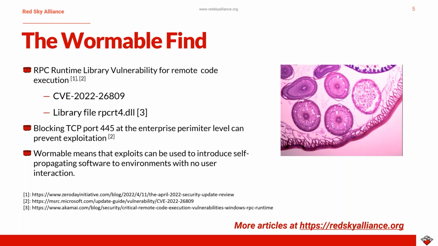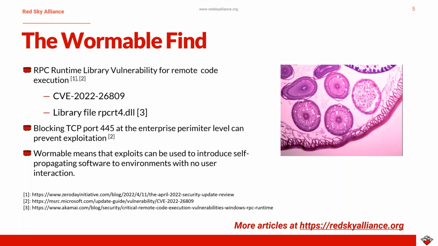Now, the idea of a vulnerability being wormable means that the software can be introduced to an environment such that it is able to self-replicate and begin affecting systems that were not exposed to the initial attack. Basically, this means that if a single system on a network is affected, then the other systems around this one infected system on the network are now at risk for exploitation.